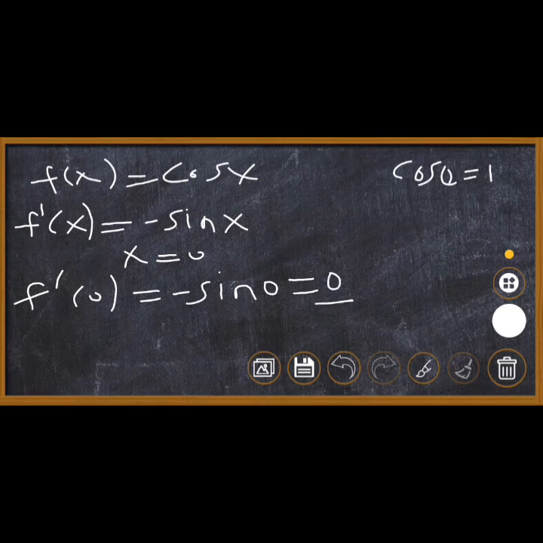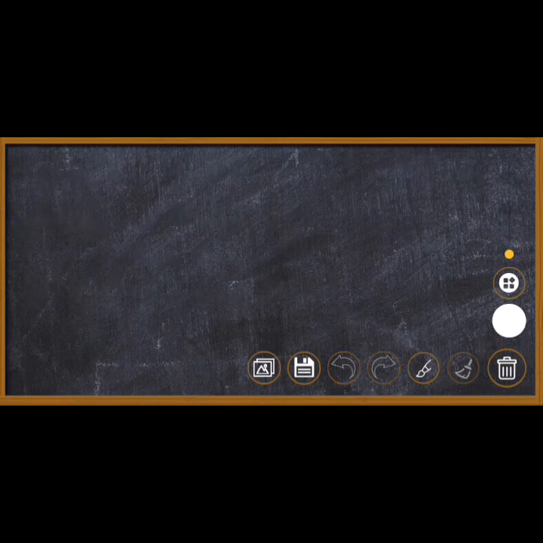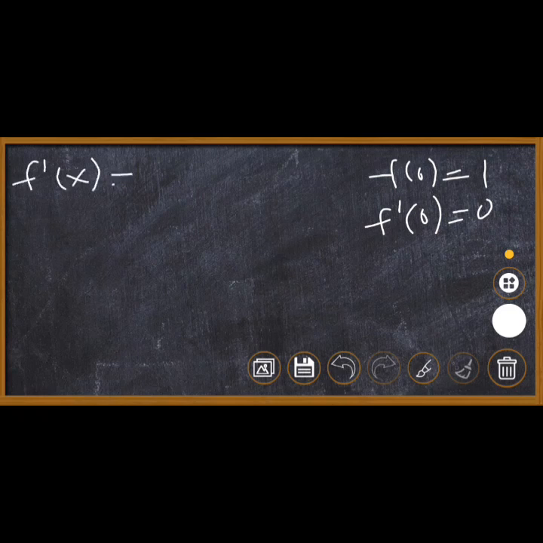Instead of writing cos 0, let me just write that f of 0 has given us 1. Then the first derivative has given us 0. Remember, the first derivative of cos x was negative sine of x. So what's the second derivative of this?